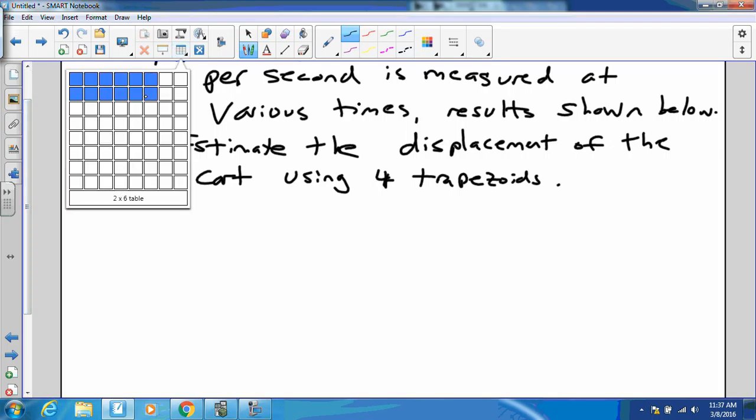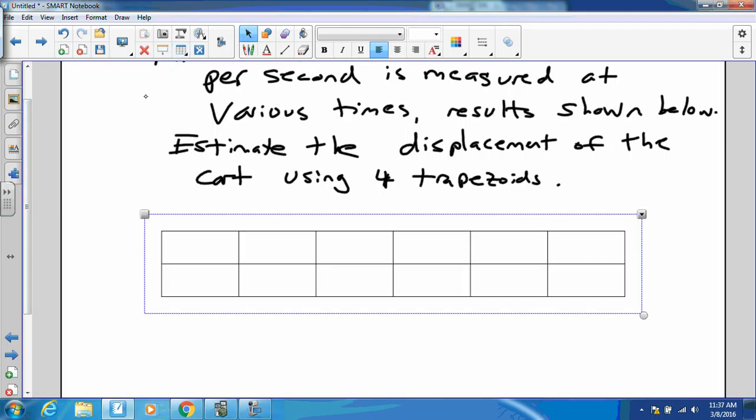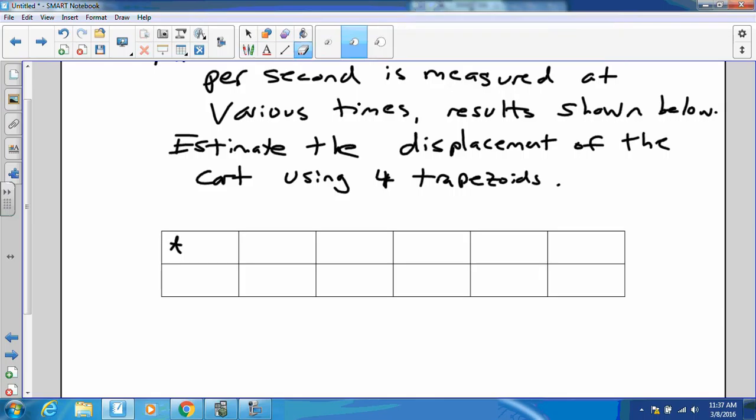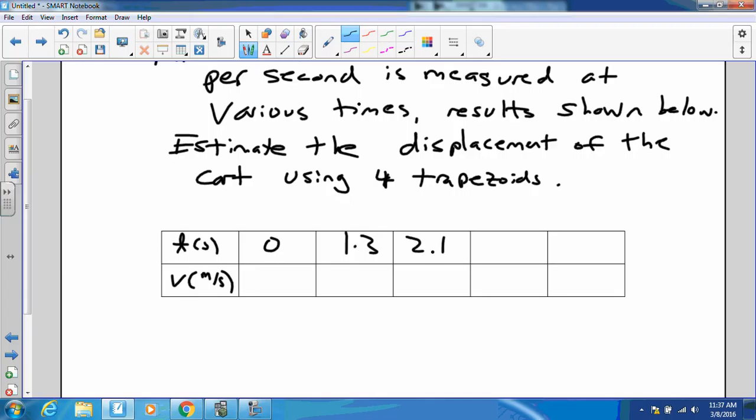Okay, here we go. And now we're going to have some data. We're going to have a time given to us in seconds, and a velocity given in meters per second, and our times are going to be like this.